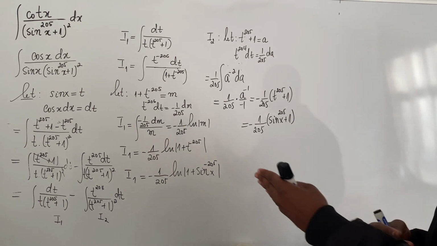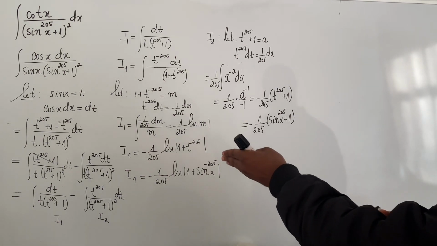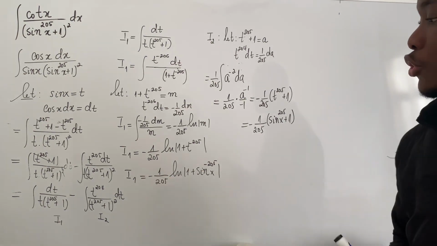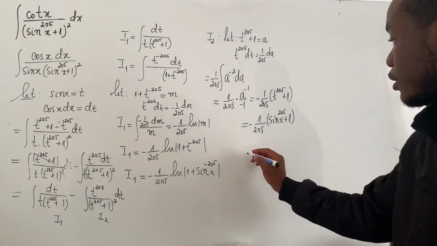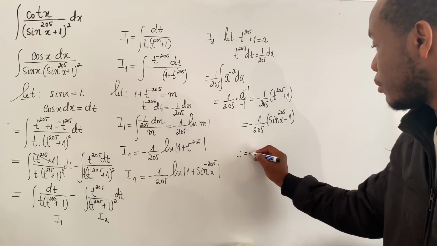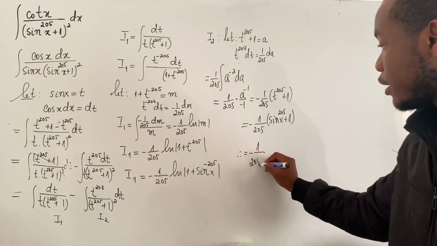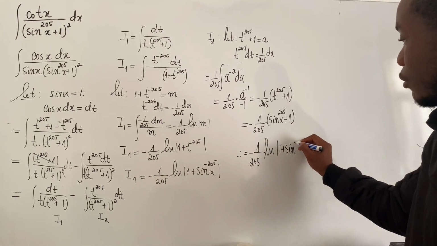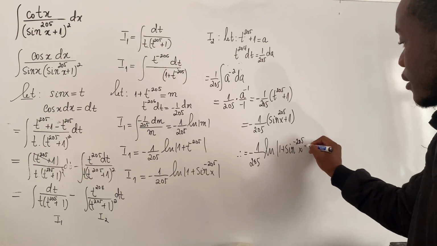Our solution, of course, will be the solutions of integral 1 and integral 2 combined together. So what is the solution of integral 1? It's this expression. Therefore, the solution will be equal to minus 1 over 2 under 5 ln of 1 plus sine to the power minus 2 under 5 of x.